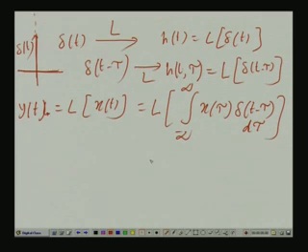The integral only means summation, but if the system is linear, the superposition principle works.